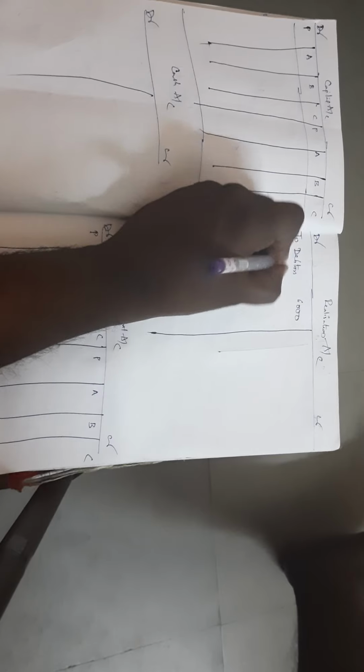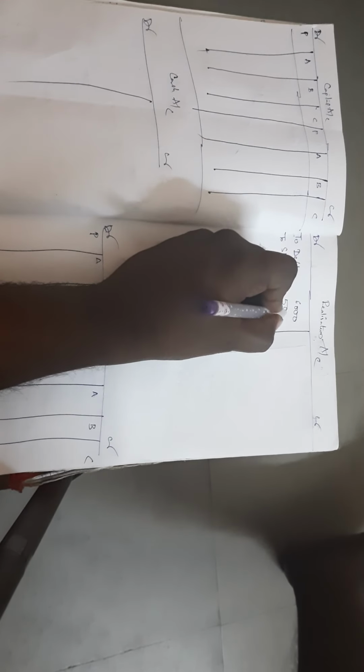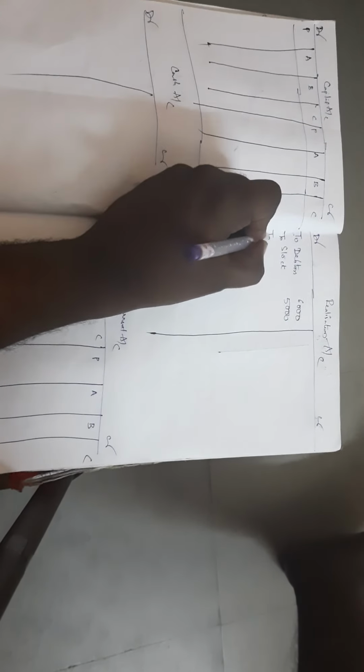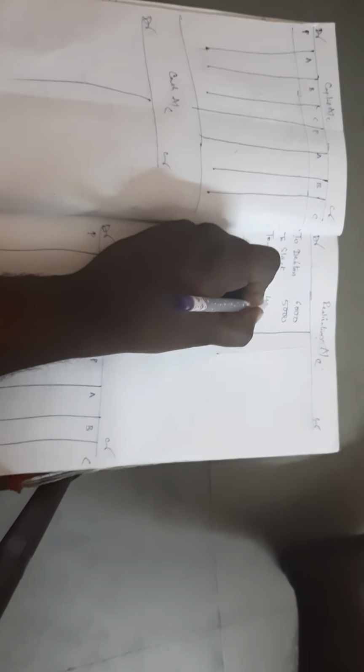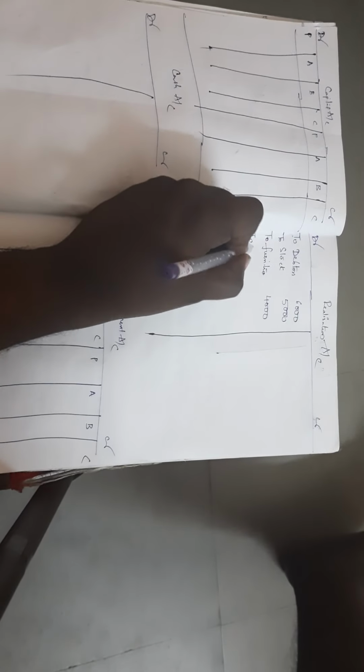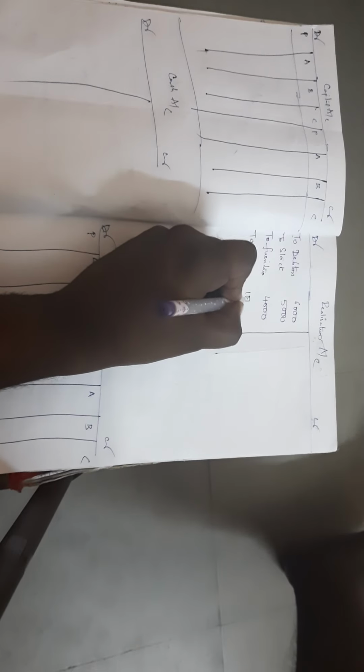First, to debtors 6,000, to stock 5,000, to furniture 4,000, to machinery 10,000.